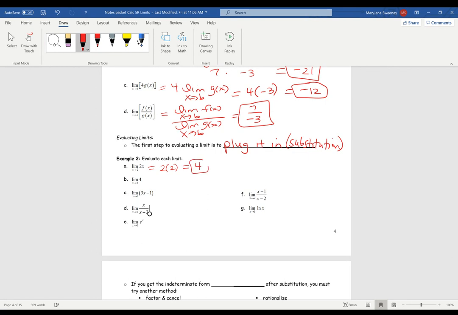So if x is approaching 2, we're going to plug in that x is 2. For the next one, limit of a constant is the constant. So that's something you need to know. Limit of a constant is the constant.